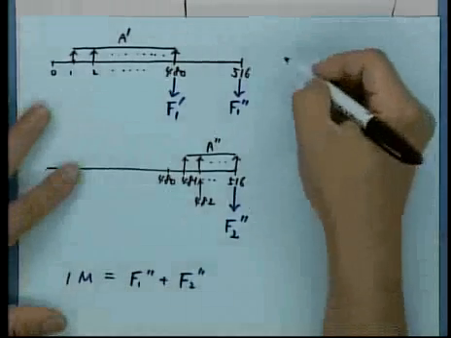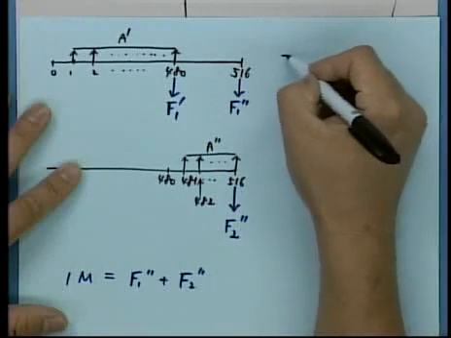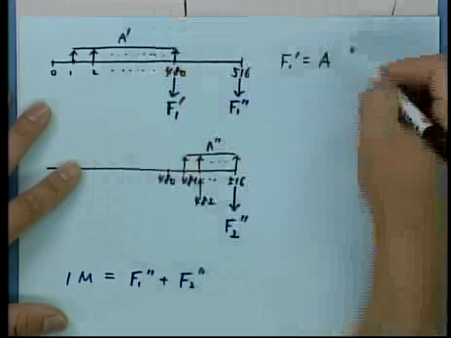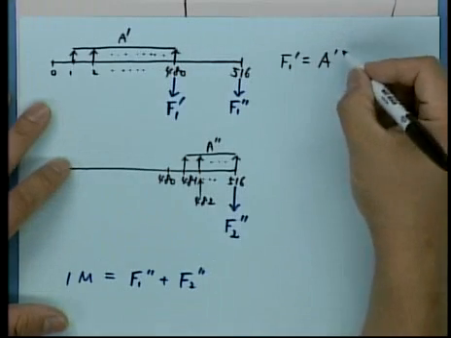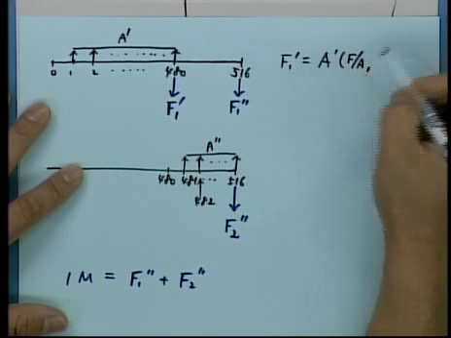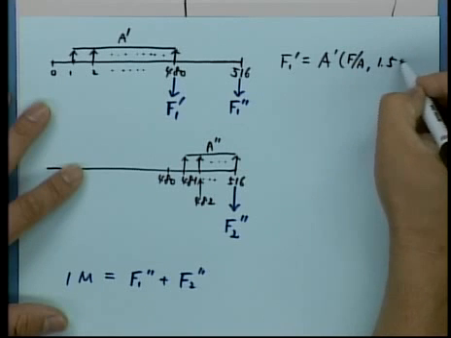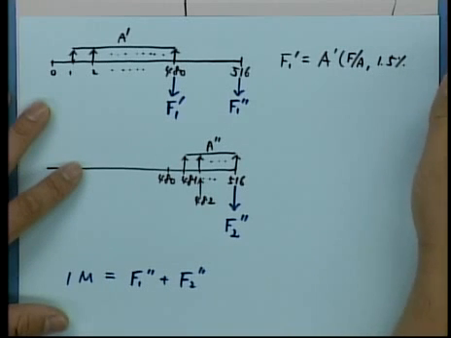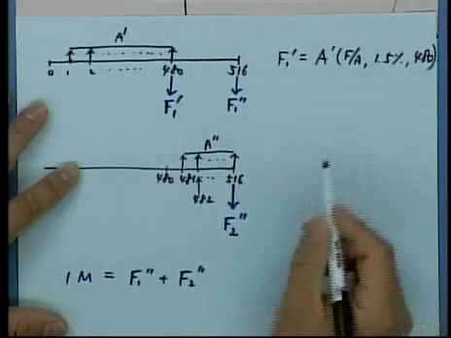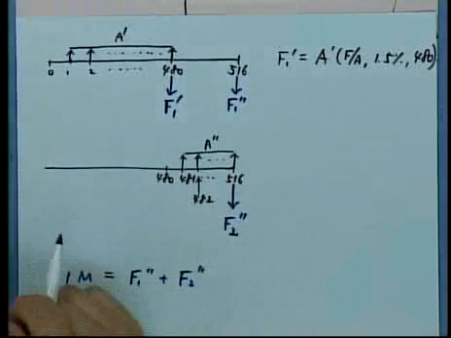So here, how do you get F1 prime? There is going to be A prime times F given A, 1.5% over 480 months, right? 480 months.